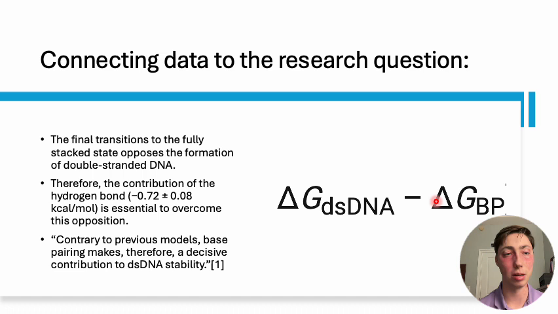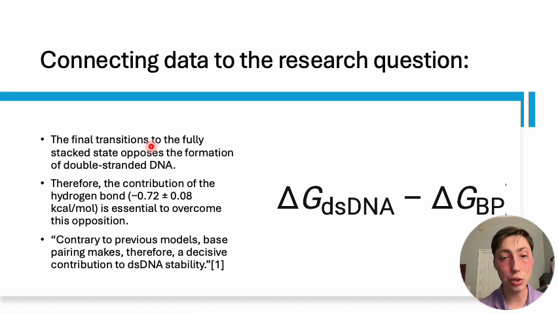You don't have that double-stranded DNA. So the final transition to fully stacked state opposes the formation of double-stranded DNA. Once again, the energy goes up. There's a higher energy barrier to be overcome to reach double-stranded DNA.